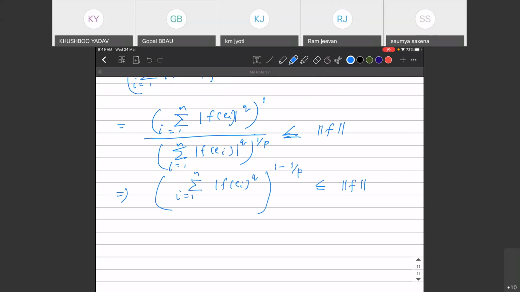Correct? Yes, sir. You know what is 1 minus 1 by p? It is 1 by q. So this is nothing but 1 by q. This is because 1 by p plus 1 by q equal to 1.